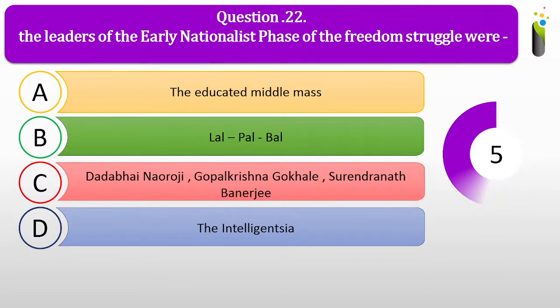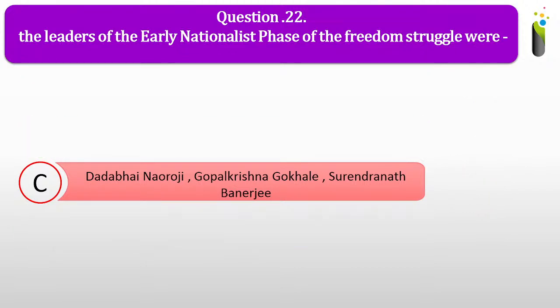And the correct answer for question number 22 is C. So the leaders of the early nationalist phase were Dadabhai Naoroji, Gopal Krishna Gokhale and Surendranath Banerjee.